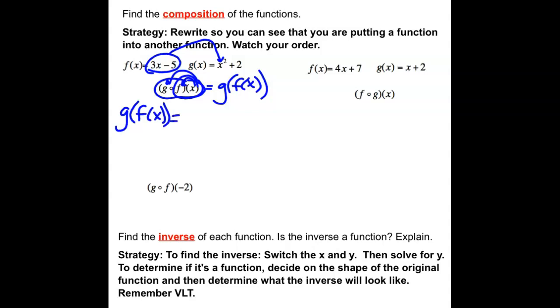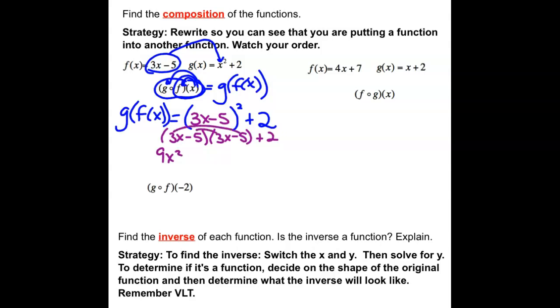Okay, so we start out writing function g and just leave a hole where the x was. So now I can dump in function f, 3x minus 5. Notice on this one we do have to square our 3x minus 5. So let's think of foiling that out. We end up with 9x squared.